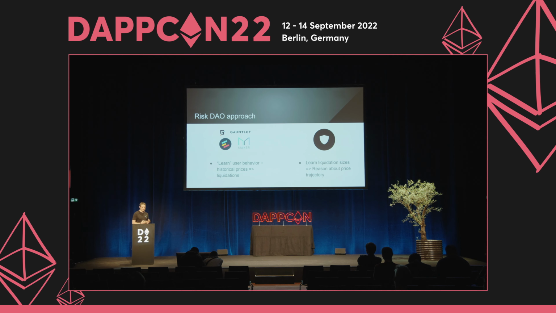Here we actually try to learn or predict the liquidation sizes. And this is something where data is much more available, because here we can use data also from standard centralized futures exchanges, such as Binance, FTX, and others. The problem there is that you have a lot of liquidations, mostly for very popular assets, such as Ethereum and Bitcoin.